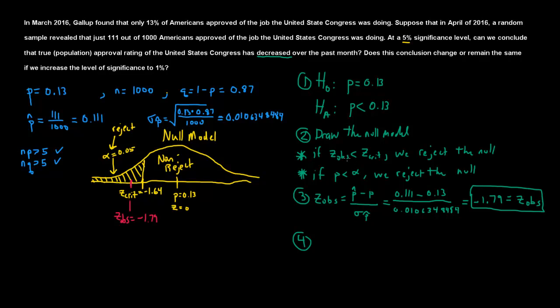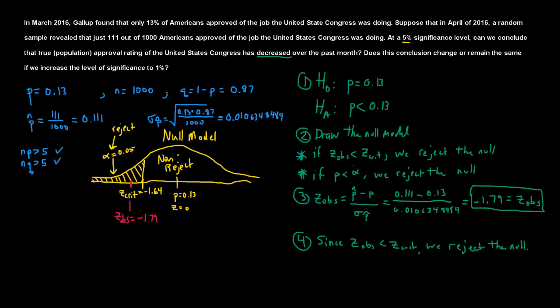So if you go back over here to our criteria for rejection, we see that since z observed is less than z critical, we reject the null. Okay? Now, that's using the critical value approach.